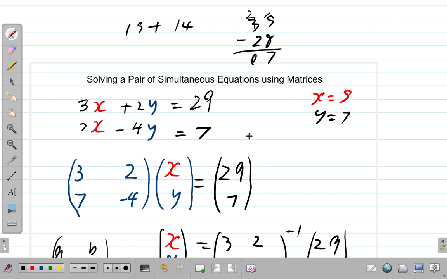Alright, so it works. Now, this is just a review of 2 by 2 matrices. What we're going to be doing a bit later is to find the determinants of 3 by 3 matrices, right? And we're going to be solving simultaneous equations involving 3 variables using 3 by 3 matrices.